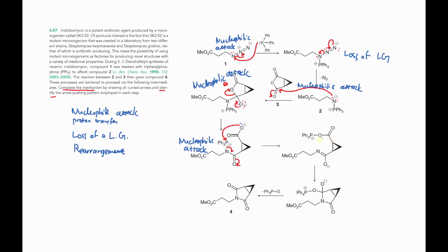Okay, let's compare this structure with the very bottom here. Cyclopropane is still retained. However, we're going to create a ring structure between this carbon and the nitrogen. And then I no longer see a double bond on that oxygen here, but I see a double bond on the bottom oxygen.